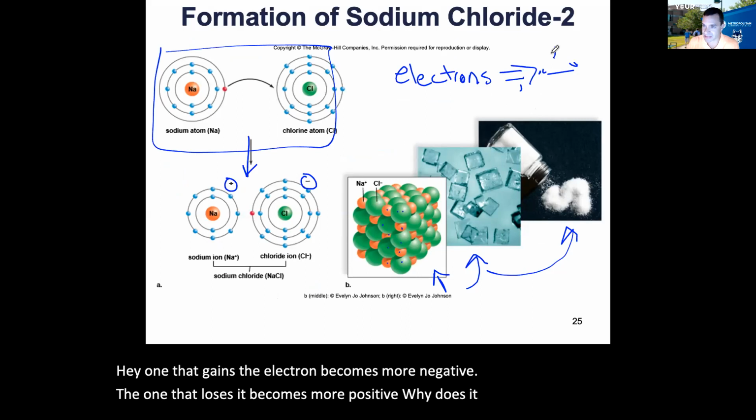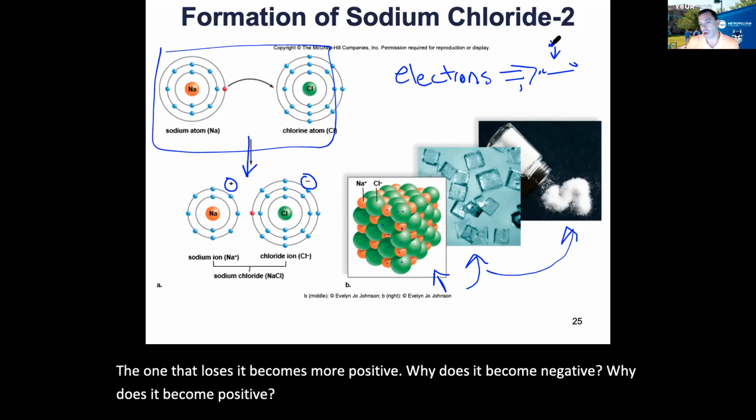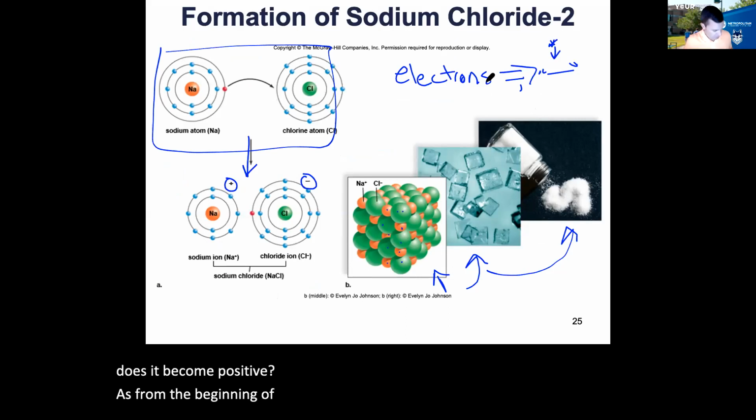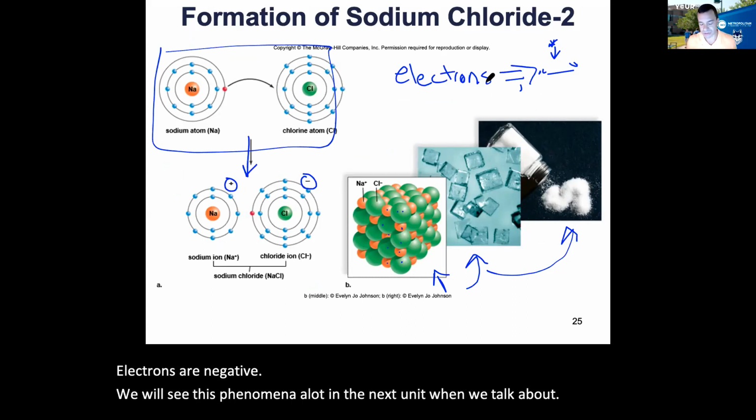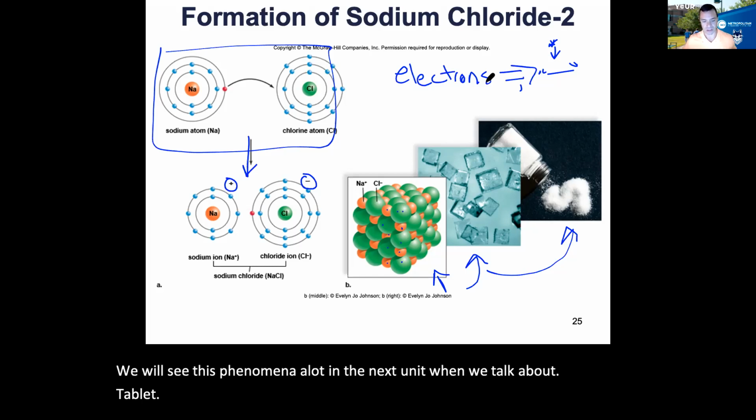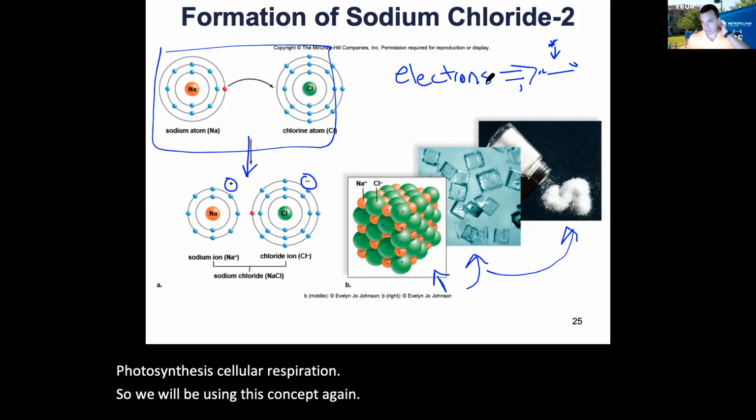Why does it become positive? Because you know from the beginning of the lecture, electrons are negative. We will see this phenomenon a lot in the next unit when we talk about metabolism, photosynthesis, cellular respiration. So we will be using this concept of becoming positive and negative again.